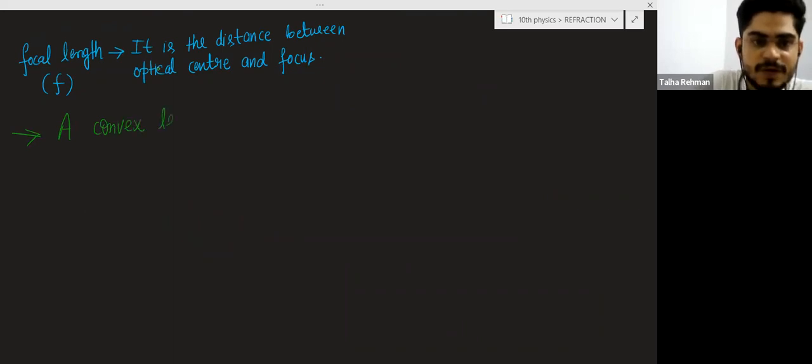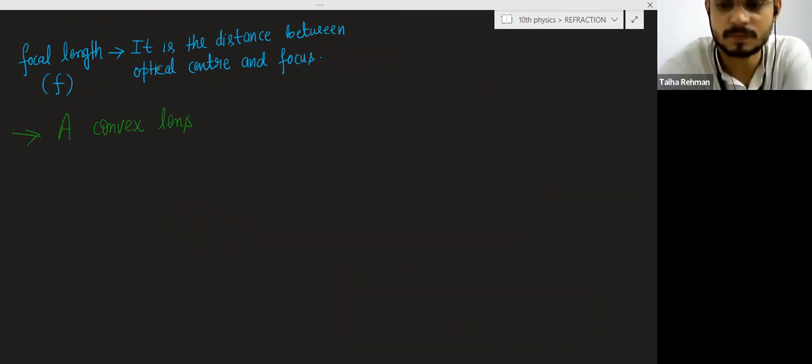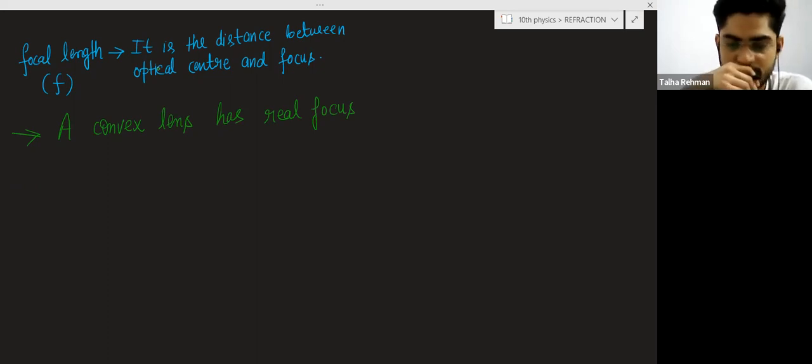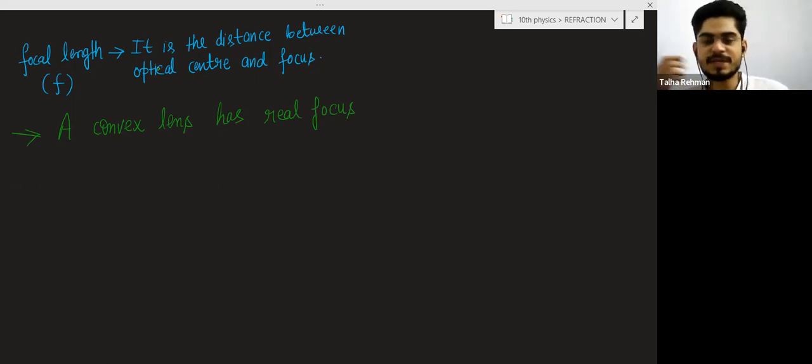A convex lens has real focus. Why does the convex lens have the real focus?